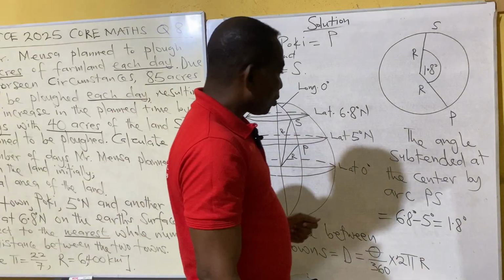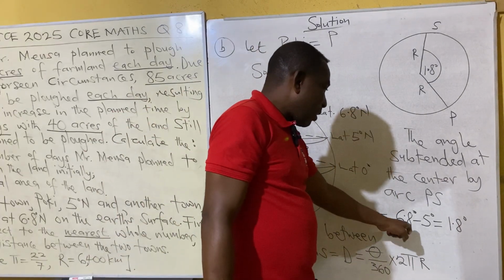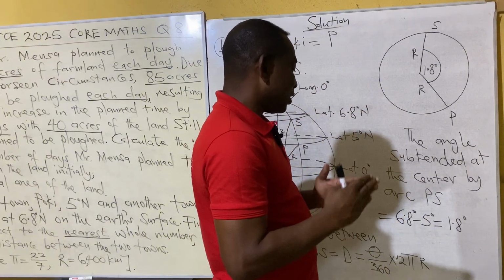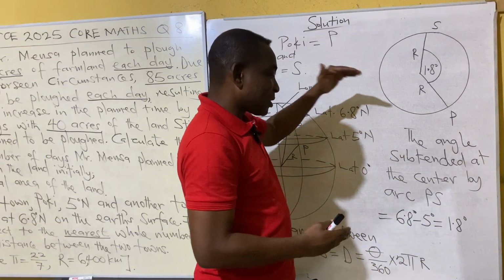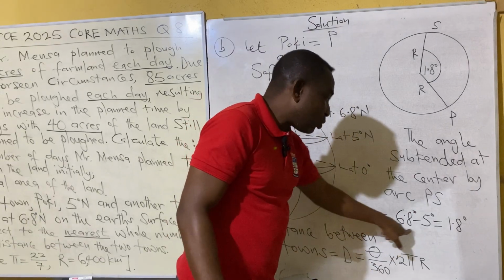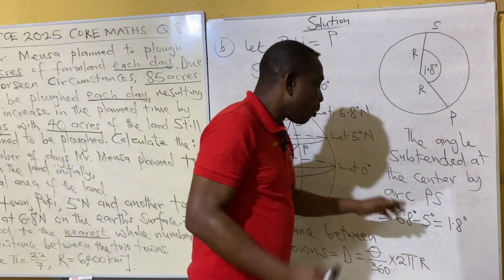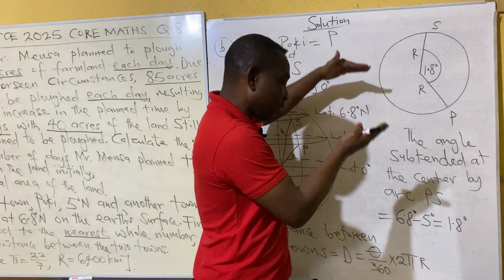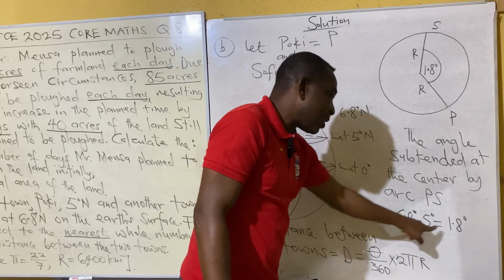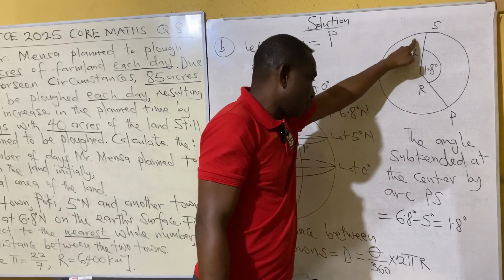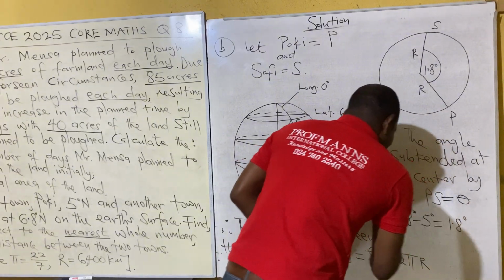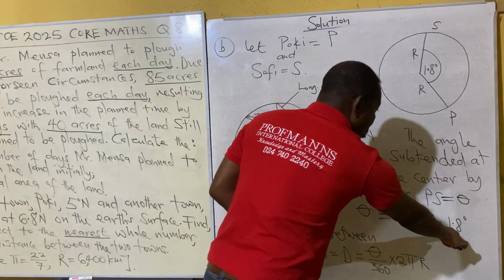Okay, before we continue, let me explain why I subtracted instead of adding. When you have two latitudes on the same part of the hemisphere, you subtract to get the latitude difference. So here we have the two towns both on the same hemisphere, which is the northern hemisphere. So we need to subtract the smaller one from the bigger one to get the latitude difference. So that was what we did here. And so we say that this is equal to theta, and then theta is equal to what we have calculated.